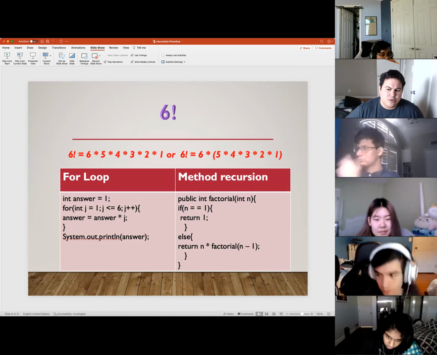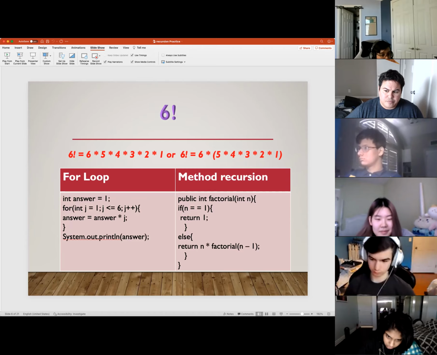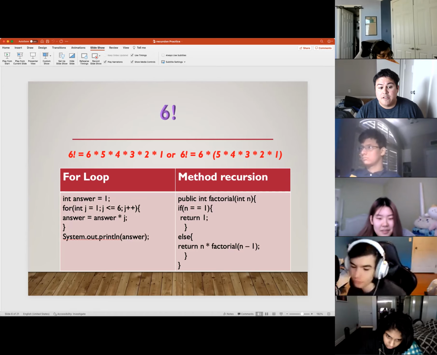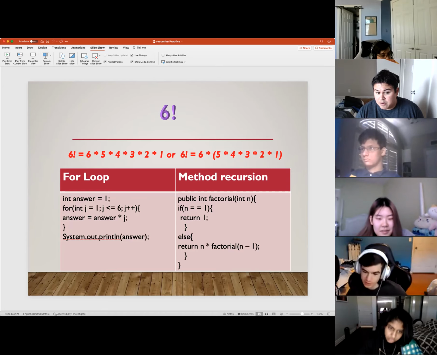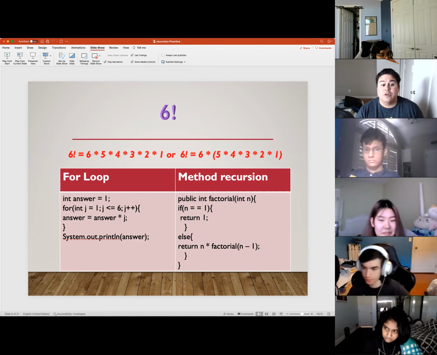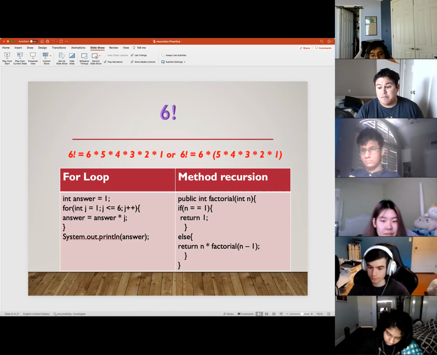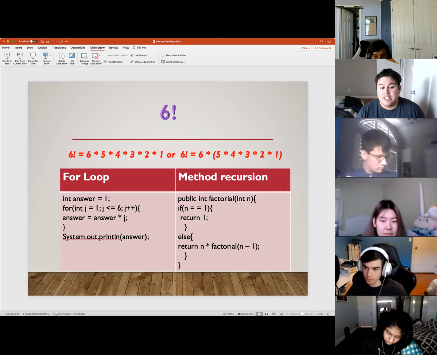What is this method doing? It's calling itself: n times factorial(n minus 1). What's the name of this method? Factorial. So n is 6 times, what's 6 minus 1? We call on this method again, 5, etc.